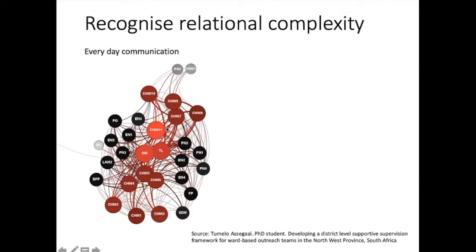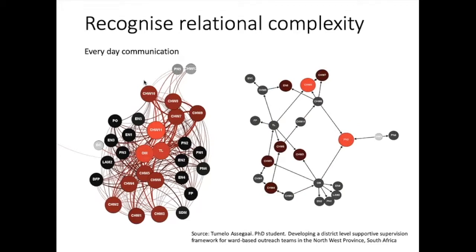They engage with a range of facility players, nursing staff, the operational manager, team leader, in a very, very dense network of daily communications in order to do their work. This is, by the way, work done by a PhD student here at UWC, who's looking at ways of thinking about a bottom-up approach to supportive supervision.